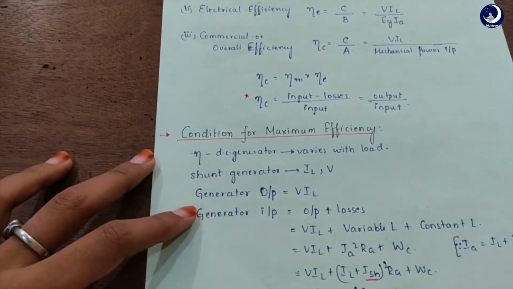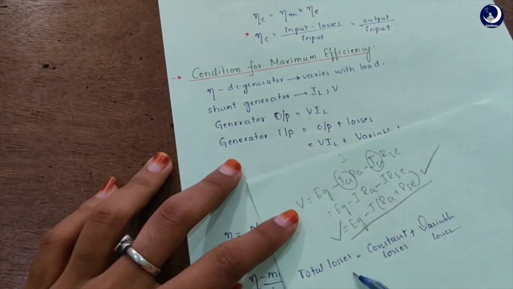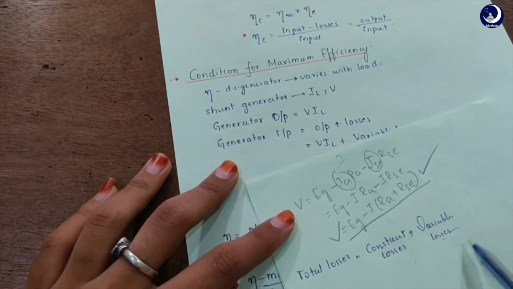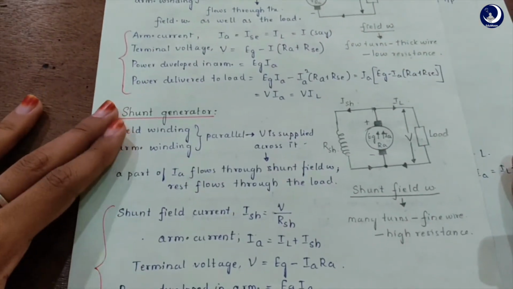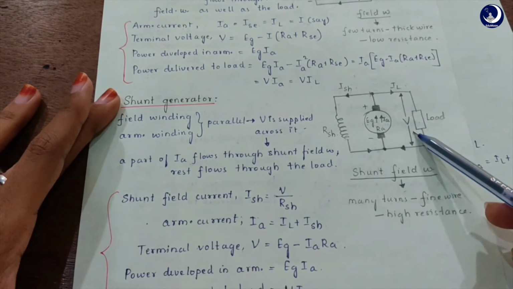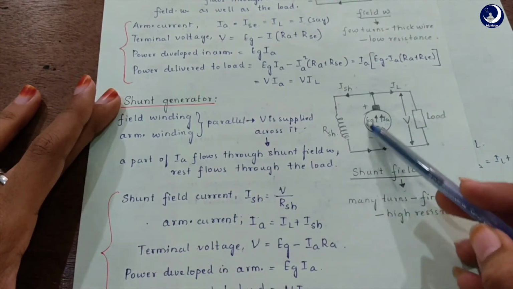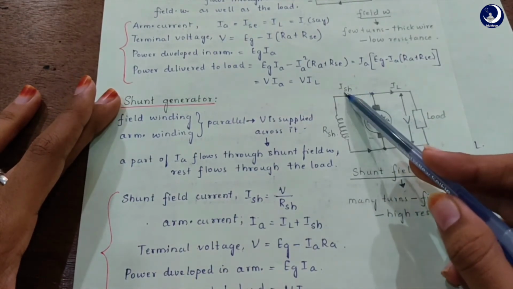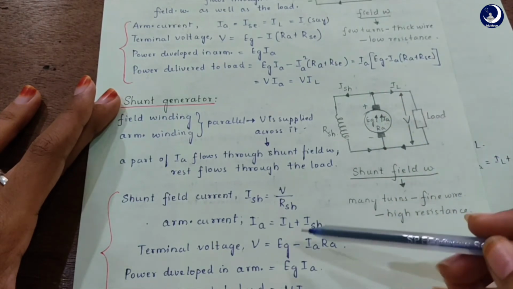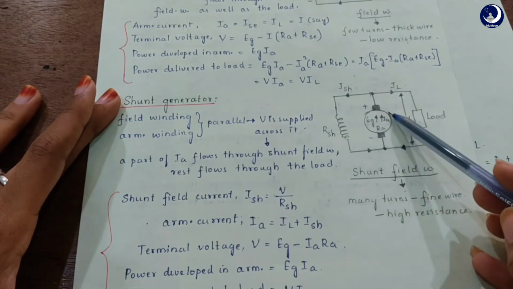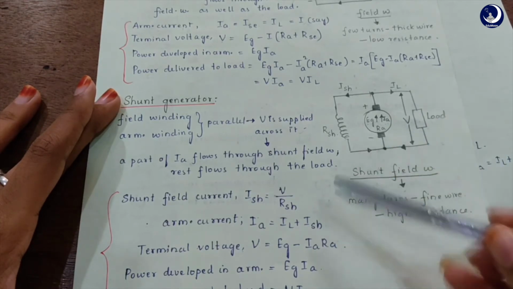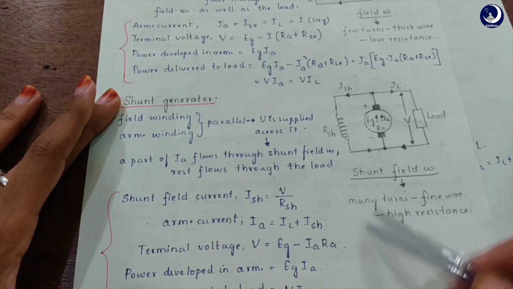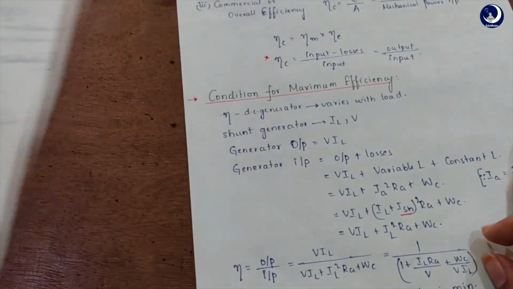Just now we studied that the total loss is constant losses plus variable losses. In the shunt generator, the armature current IA is divided into ISH and IL, the power developed in the armature is EG into IA, and the power delivered to the load is V into IL. So remember these three things, we are going to use them now.